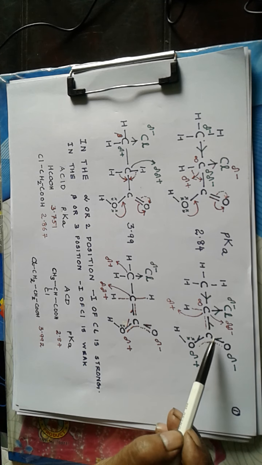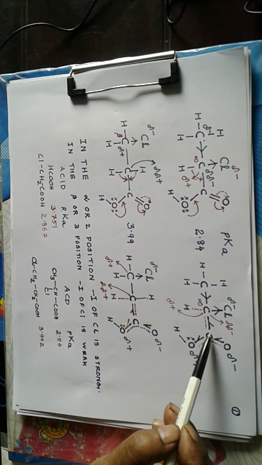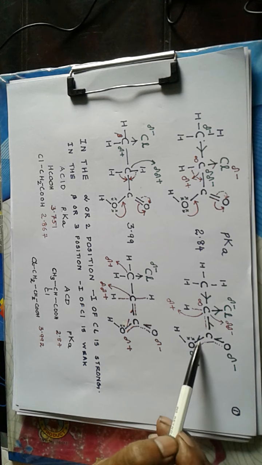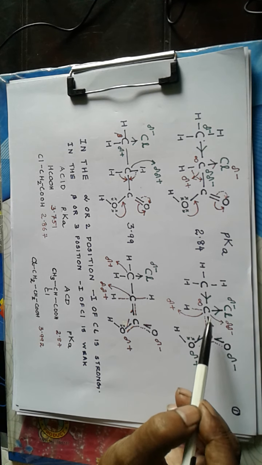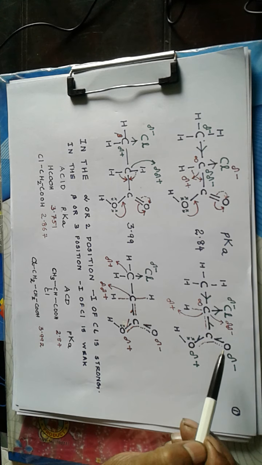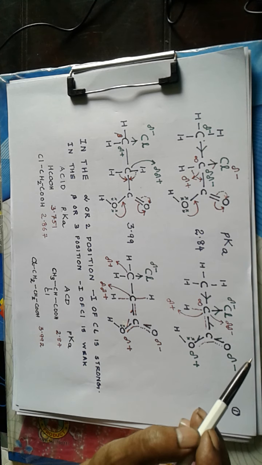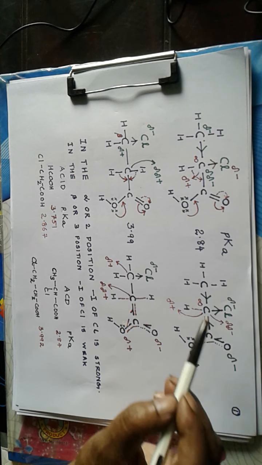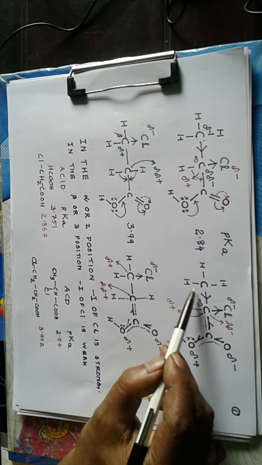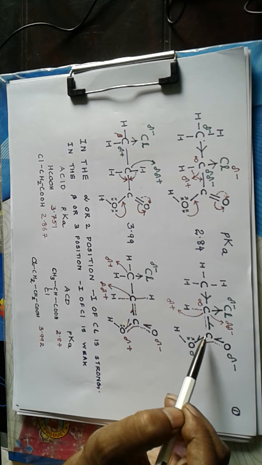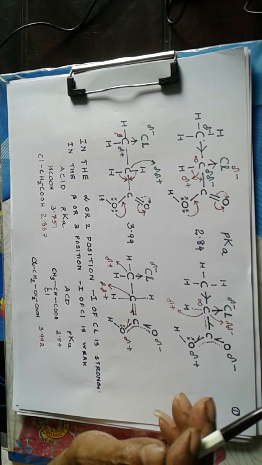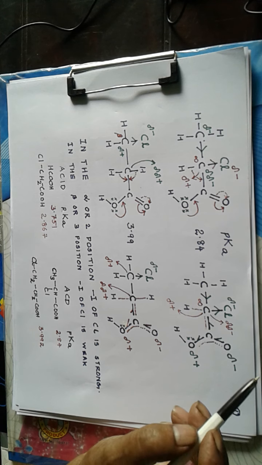So, there is almost equal division of the electron density flow by inductive mechanism towards this direction and towards this direction, since chlorine is more close to this carbon and this oxygen. Now, the inductive effect of a methyl group may be neglected at this point because it will be delta negative here, and it will be very small in magnitude.